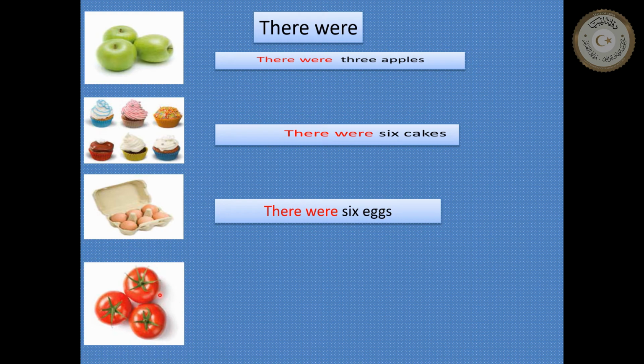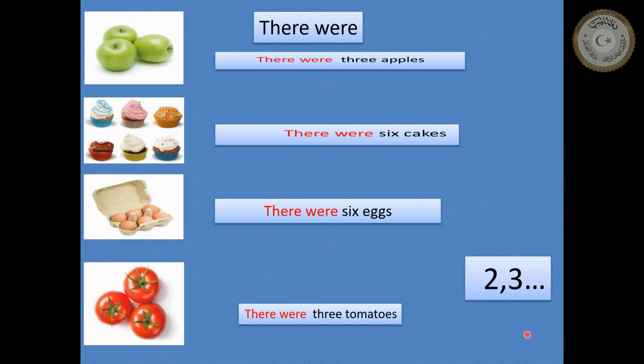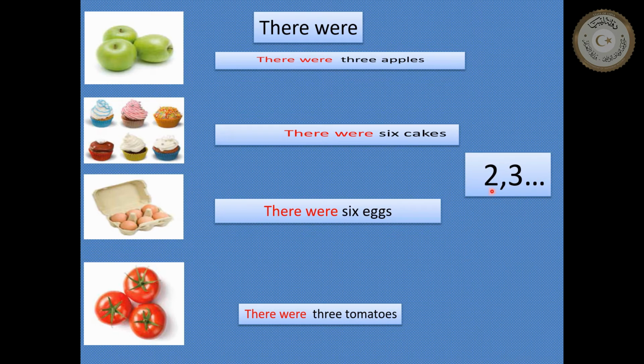Okay, the last one. Can you try by yourself? تحلوها بروحكم. Try. Who can? Okay, a lot of hands. Good. Who can answer it? There were, excellent, there were 3 tomatoes. Why there were? Because 2, 3, 4, 5, we write there were.